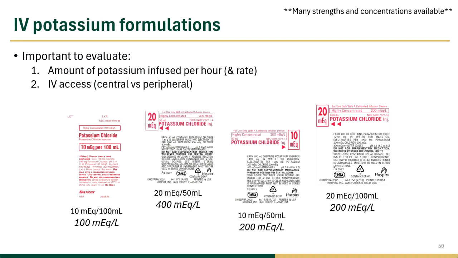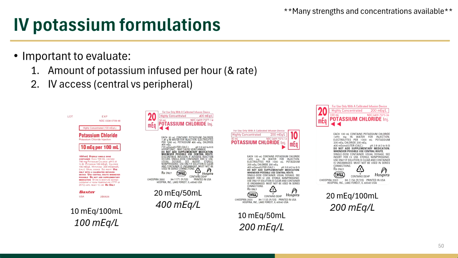I have this in here because I was always confused about this when I was in school, but these are bags of potassium. Unfortunately, they all look kind of the same, don't they? That's not really good from a safety standpoint. This is 10 per 100, which is 100 milliequivalents per liter. This is 20 per 50, which is 4 times the concentration, even though the volume is only half.